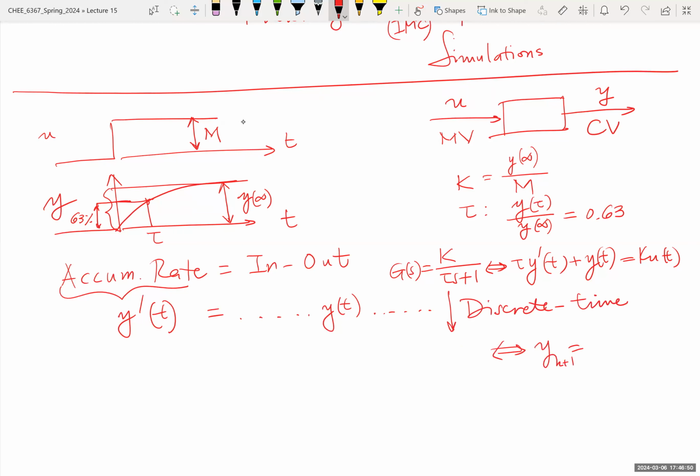That's the counterpart of the differential equation. It's a difference equation. And if we call this P of s in continuous time, we can get G of z in discrete time. We'll learn how to do that. It says (1 minus e to the minus T over tau) over (z minus e to the minus T over tau).